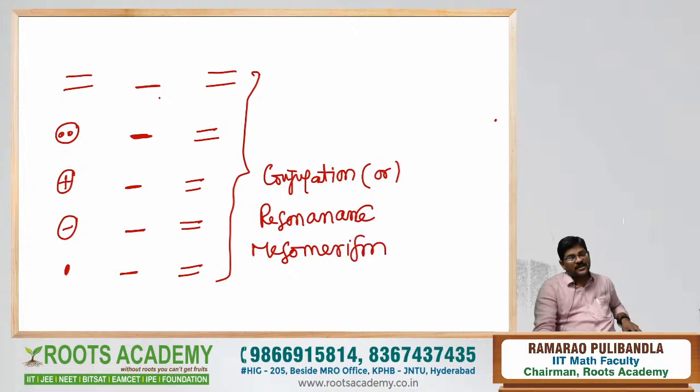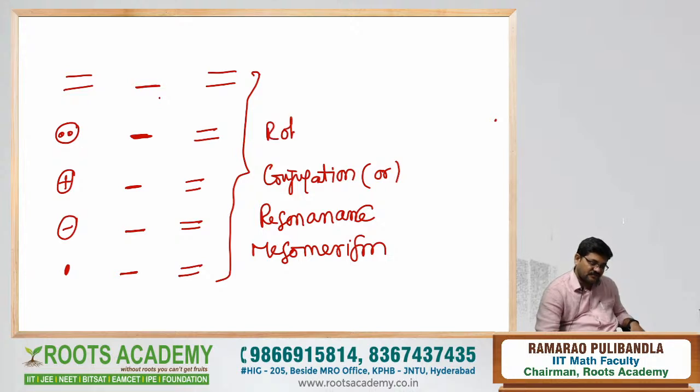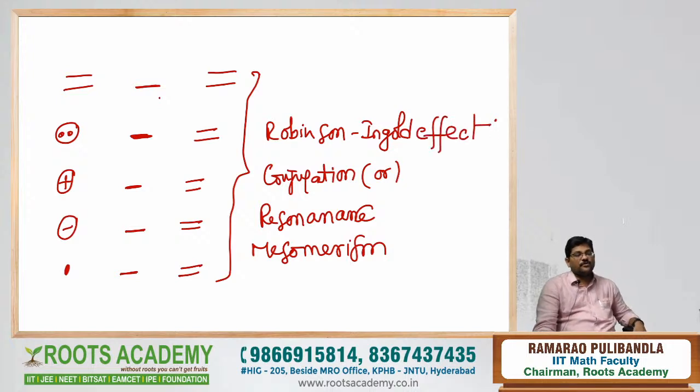Mesomerism is also called conjugation. And this is also called the Robinson Ingold effect. What is the other name of conjugation? The Robinson Ingold effect.